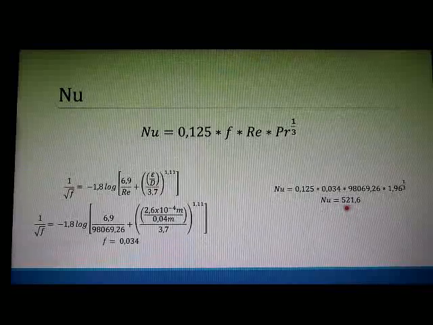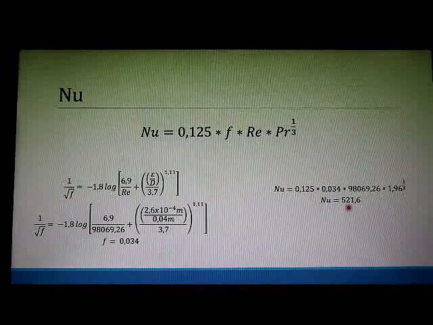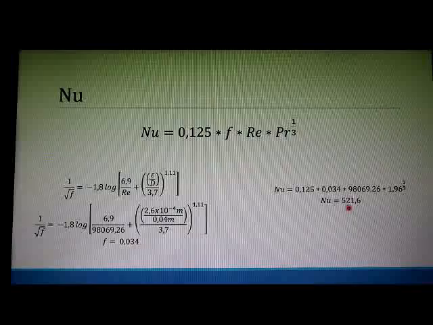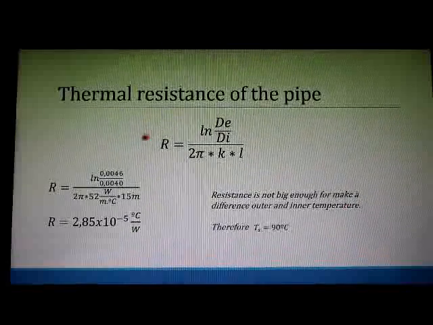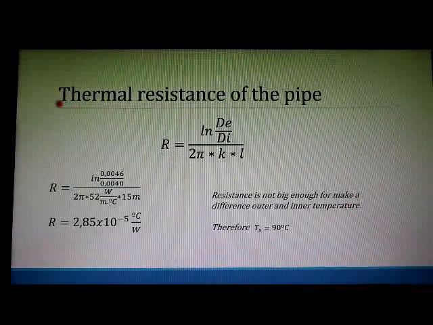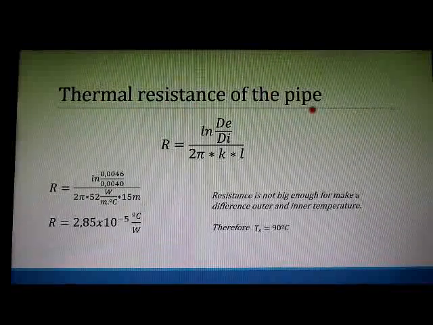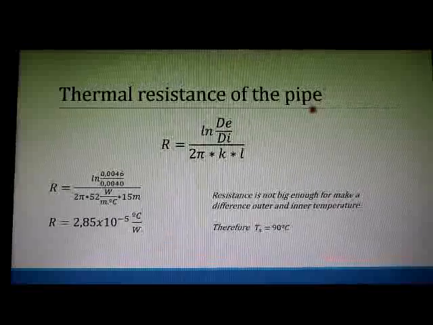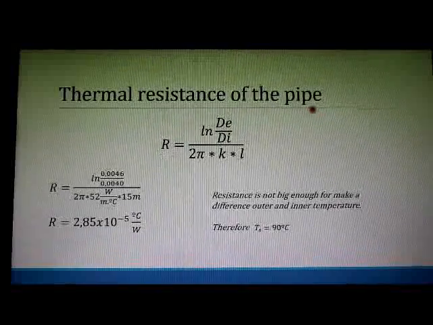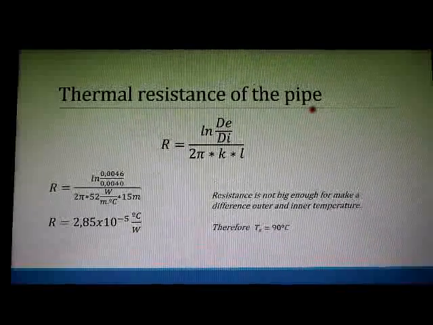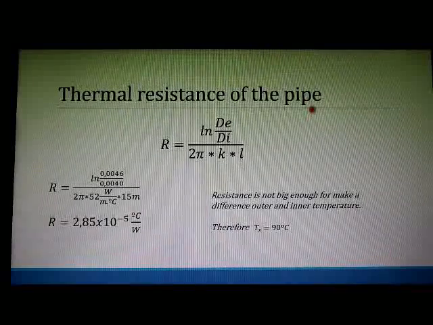Nusselt is 521.6. Now we are going to find the thermal resistance of the pipe because we don't know if the outer temperature is going to be the same as the inner temperature.